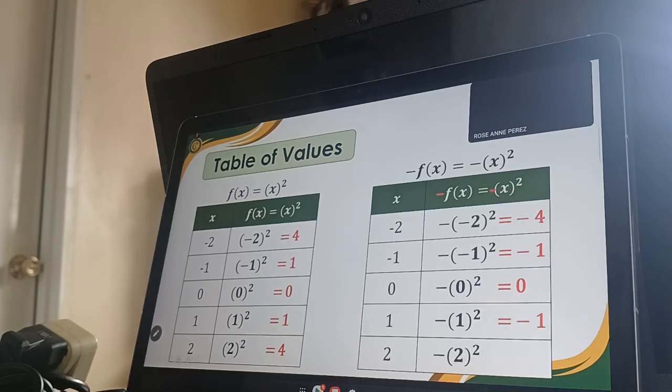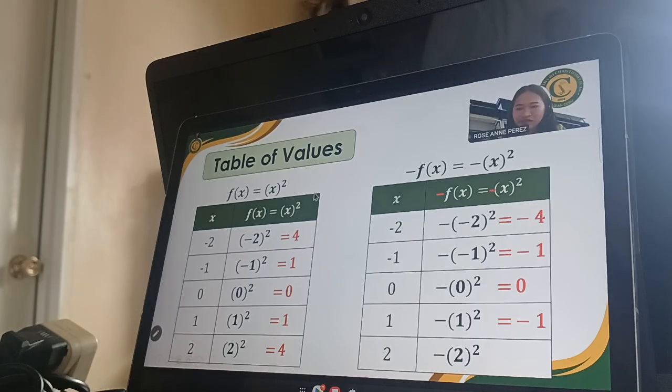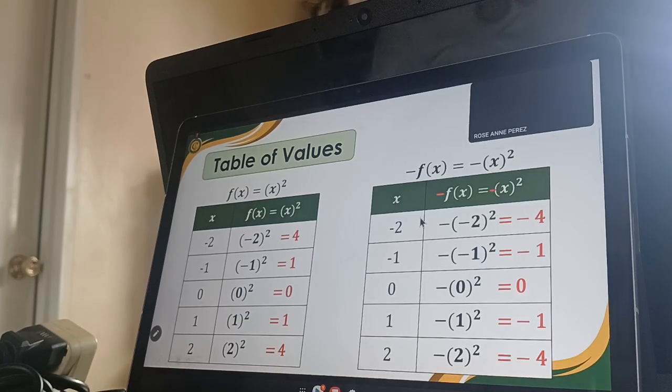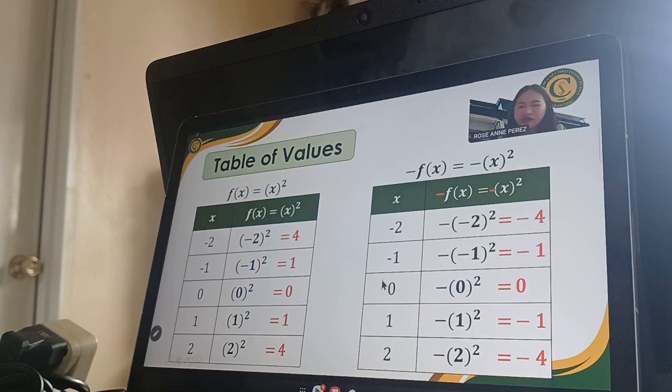Negative times the quantity of 2 squared. Negative 4. So the values of your graph will be negative 2, negative 4, negative 1, negative 1, 0, 0, 1, negative 1, 2, negative 4.